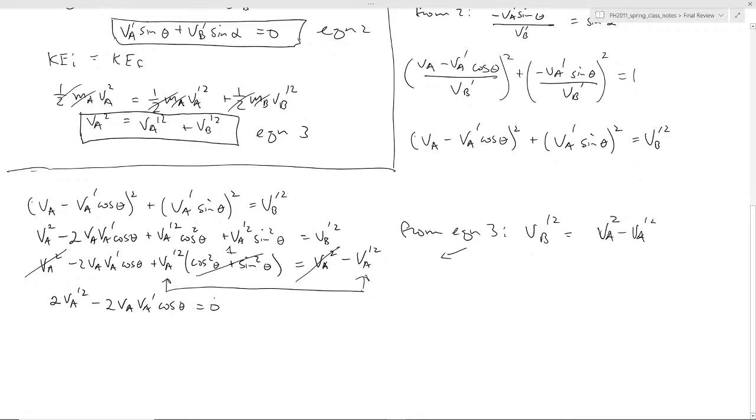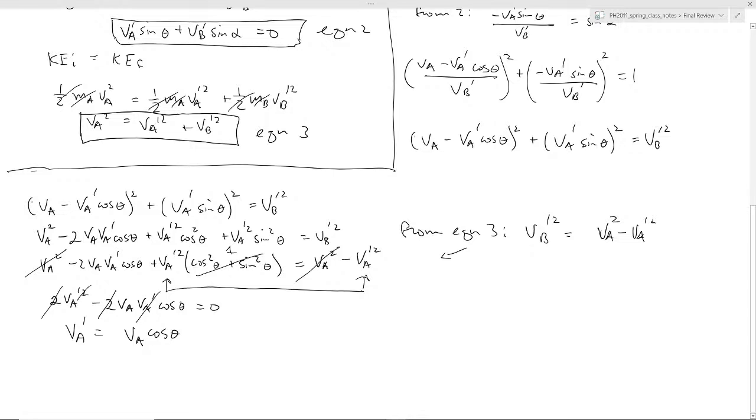So this is really collapsing down. Notice we have a factor of 2 that's common. We can cancel. We also have a factor of VA prime that's common to both of these, so we can cancel that. And we're left with VA prime equaling VA cosine theta. Or sorry, not 2, just VA cosine theta.